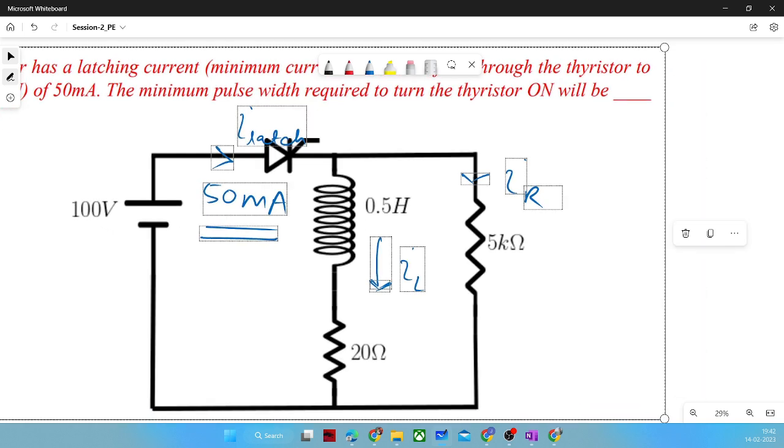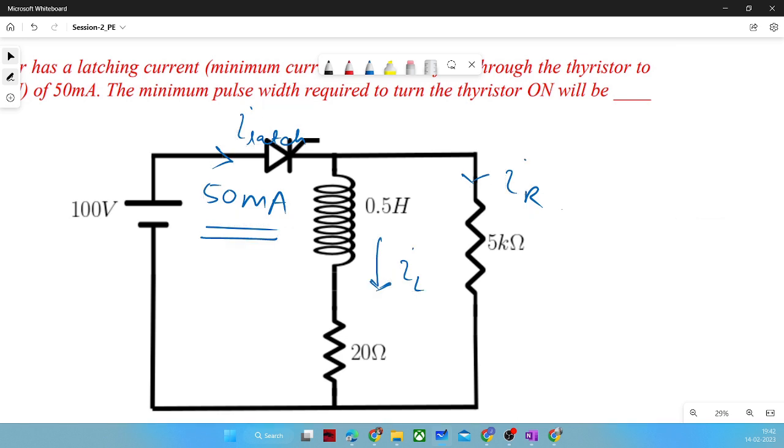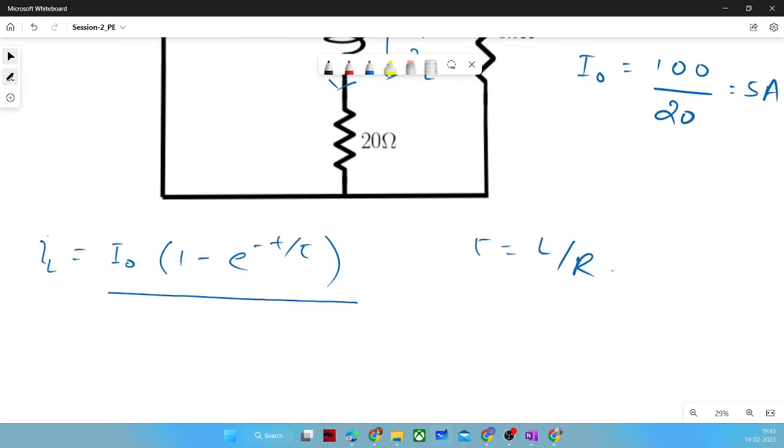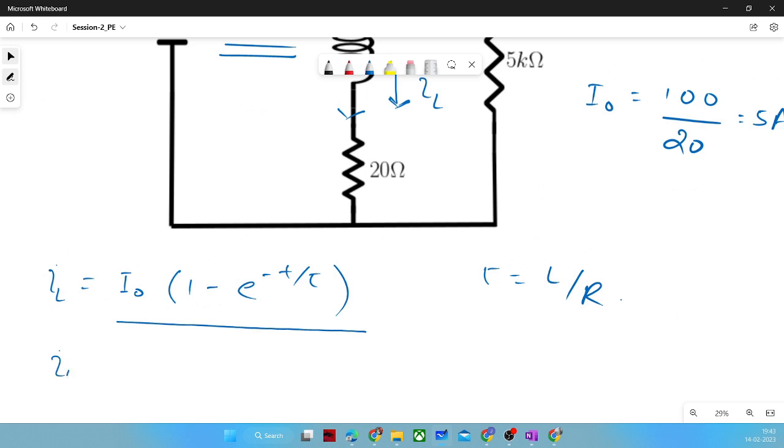Okay, so that will be the final current, because we are going to compute that current when your thyristor has been latched. So obviously it will be the final current. So I naught would be 100 by 20, so 5 ampere. Not exactly 5 ampere, that we will put here as 5 into e raised to power minus t by tau.